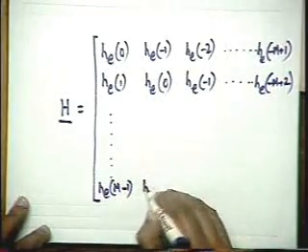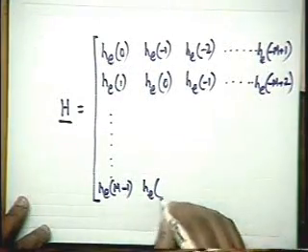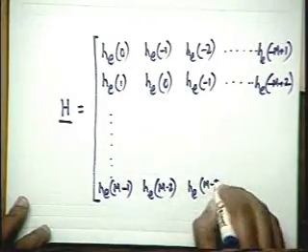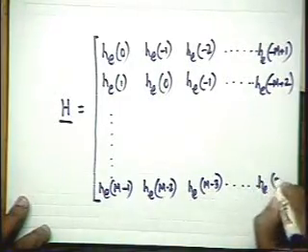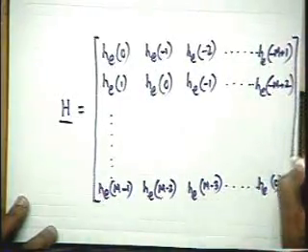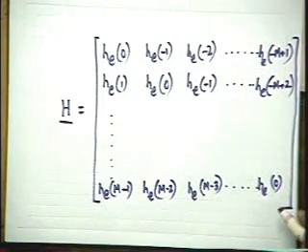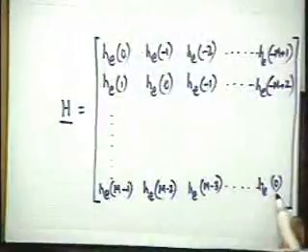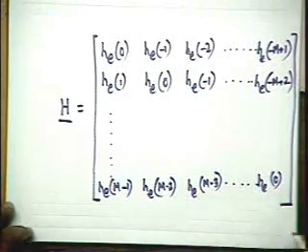Next element? h_e(M minus 2). Next element? h_e(M minus 3). And so on. What is the last element? h_e(0). h_e(0) is going to be the last element, not one, because we are considering here x equal to capital M minus 1, and we are varying small m from 0 to capital M minus 1.